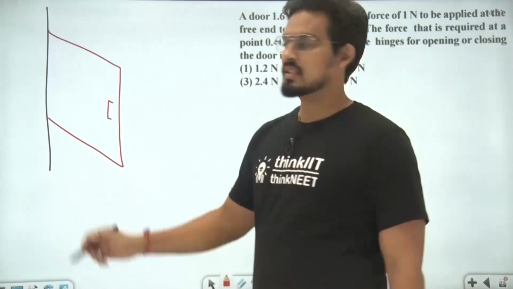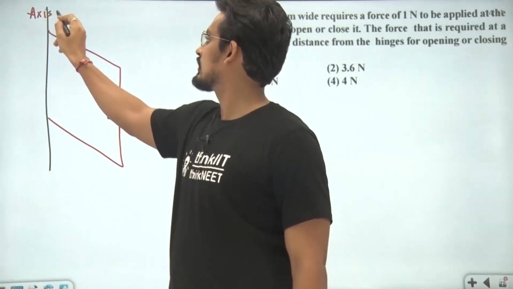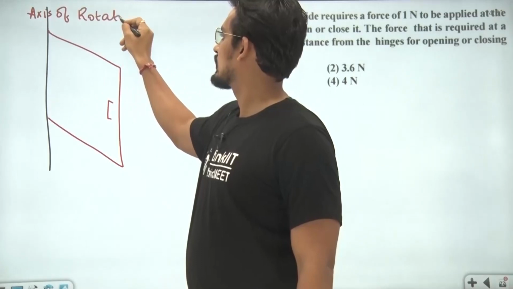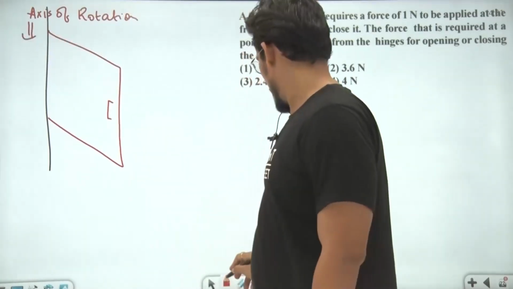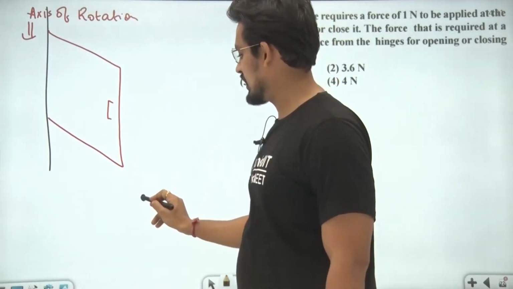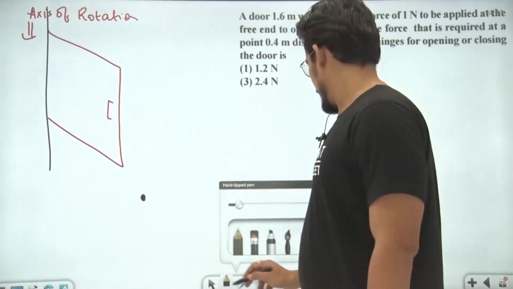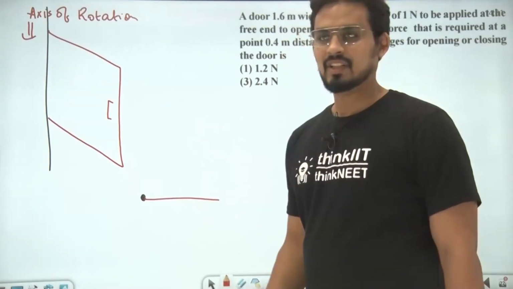Now, when this is the axis of rotation, if I view it from the top, can I say the axis of rotation would just merely be a point for me which is coming outside the plane, and the door would look like this, right?